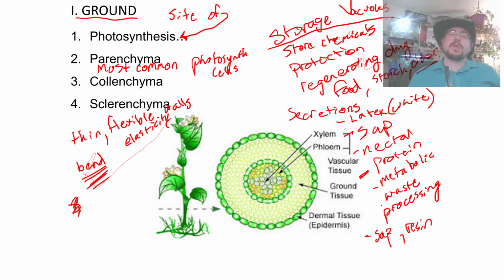Next up is the collenchyma. The collenchyma physically supports plant organs. So it provides physical support.